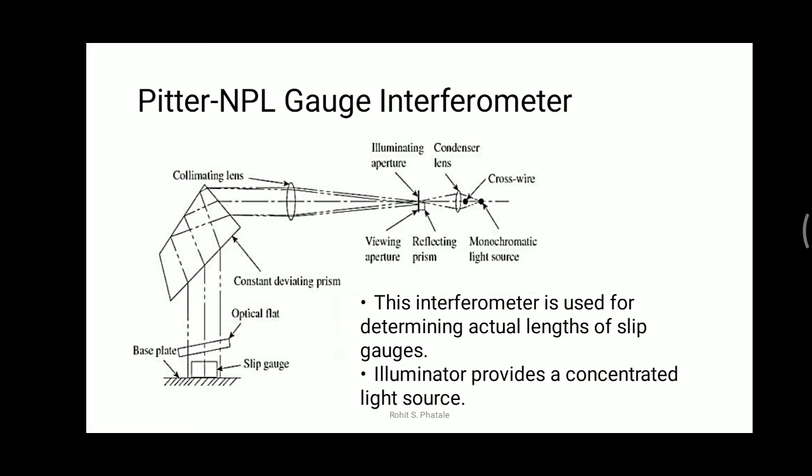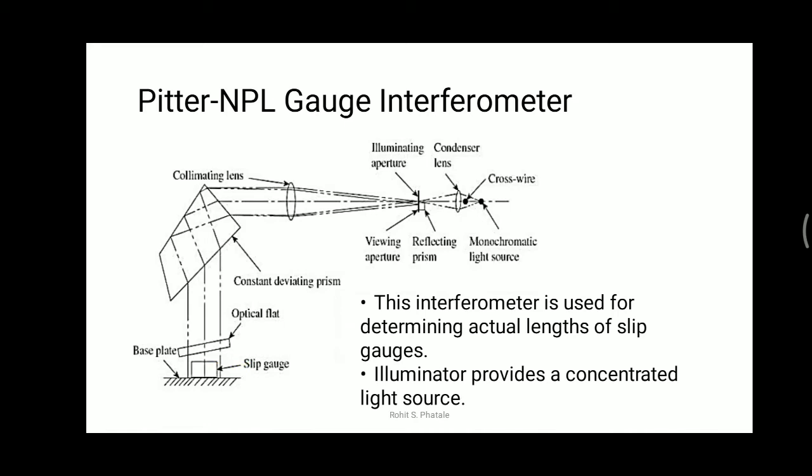Inside this prism, what happens? The incident light falls on the back or rear portion of the prism and gets reflected. The output rays from this deviating prism fall on the base plate, and at the same time on the slip gauge also.